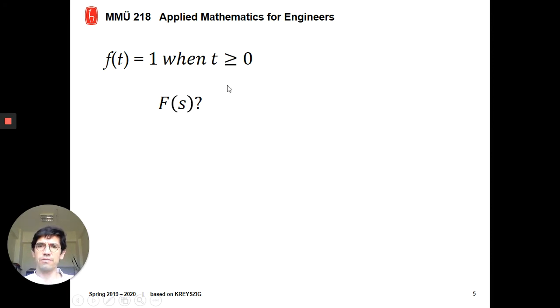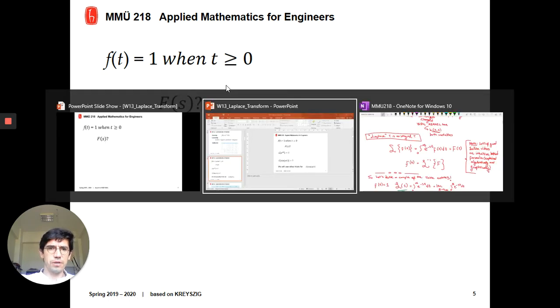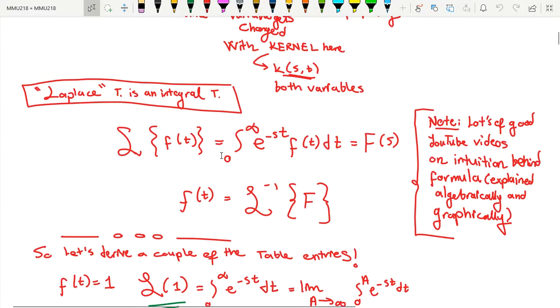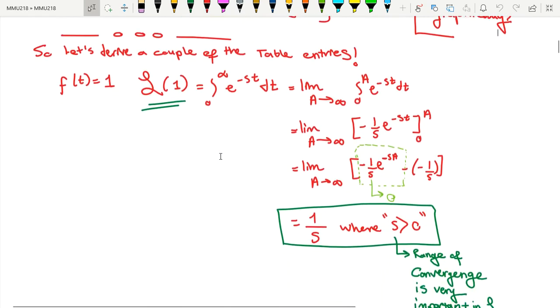But for now, just remember that you need to define the range of convergence for your variable ahead of time. So for a function f of t equaling 1, this is easy. T needs to be larger than or equal to 0, but let's see how we can derive this one.